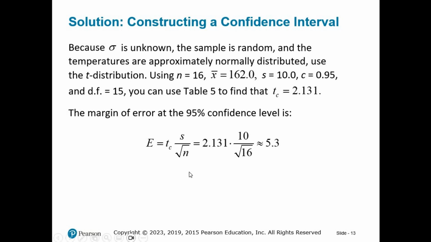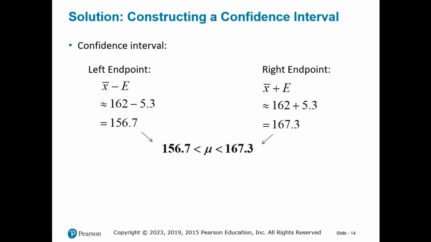Now we need to find our confidence interval. Again, you don't have to arrange it this way in your notes. Do whatever works for you. If we subtract E from x bar, we get 162 minus 5.3, which is 156.7 for our left endpoint, and add 162 plus 5.3, we get 167.3 for our right endpoint.